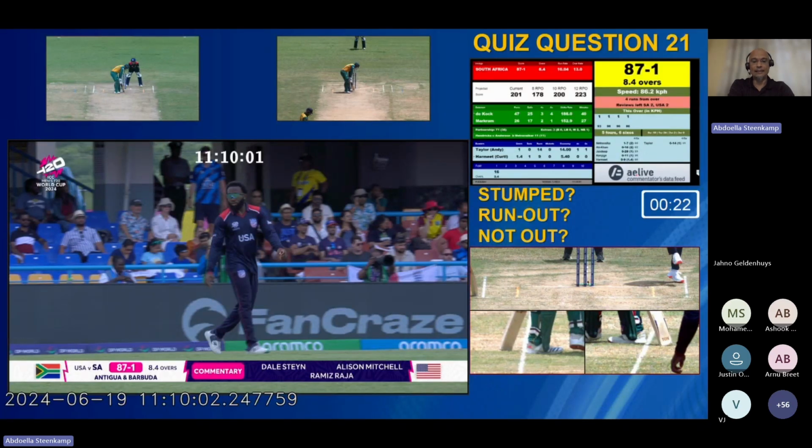What I want you to take note of is, you'll first see that a back foot no ball was bowled. The TV umpire had a look at it and confirmed it's a back foot no ball. Then the next ball was a free hit, and I want you to look at the free hit.